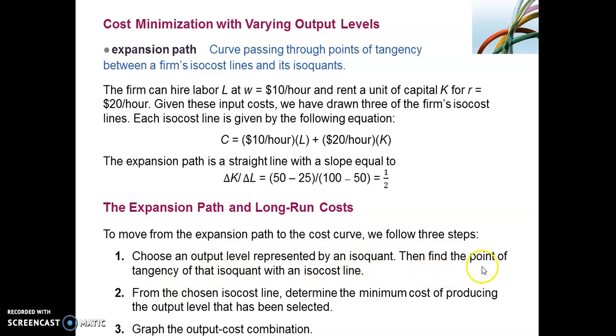And then find the point of tangency of that isoquant with an isocost line. That should be easy enough. Then from the chosen isocost line, determine the minimum cost of producing that output level that was selected. And then you need to graph the output cost combination.